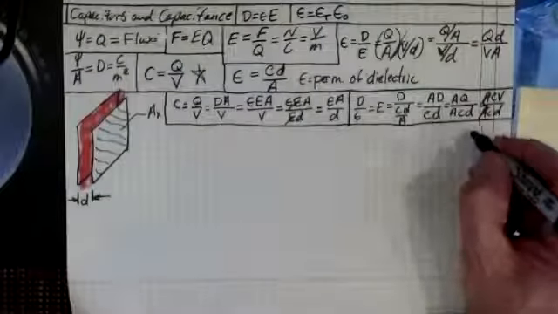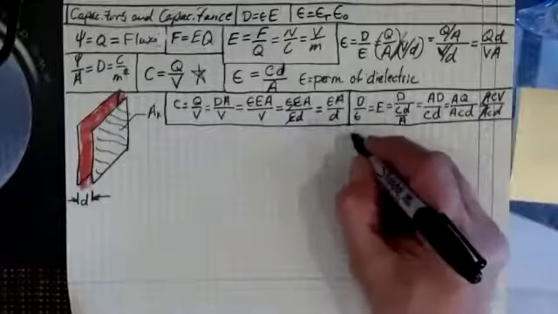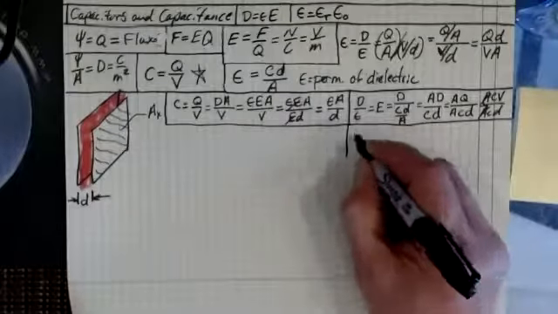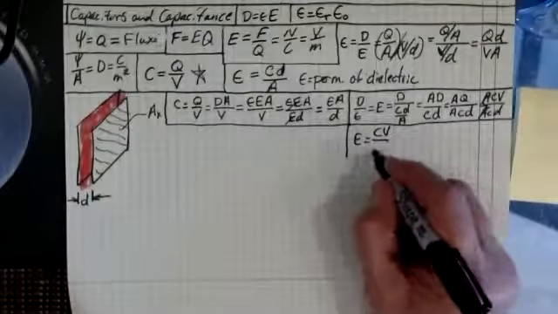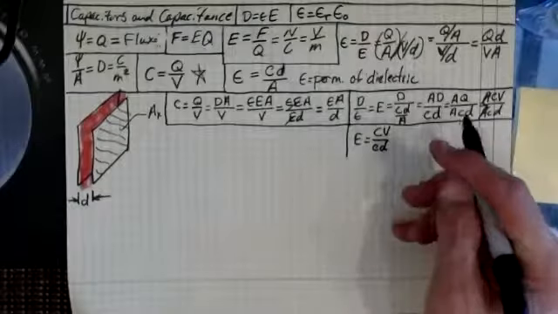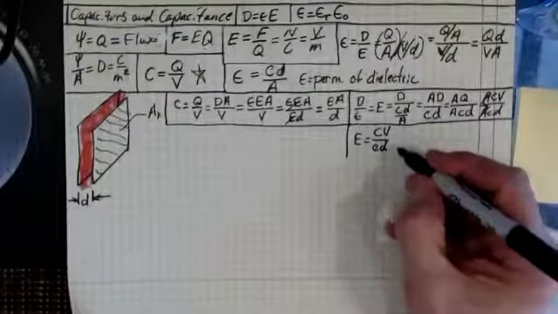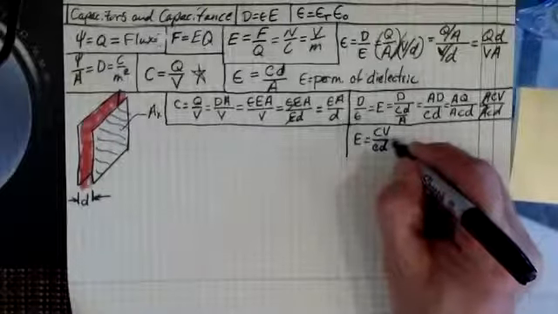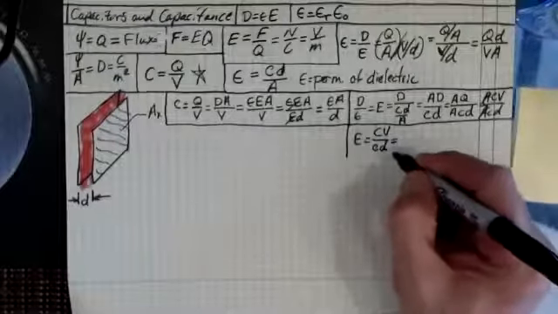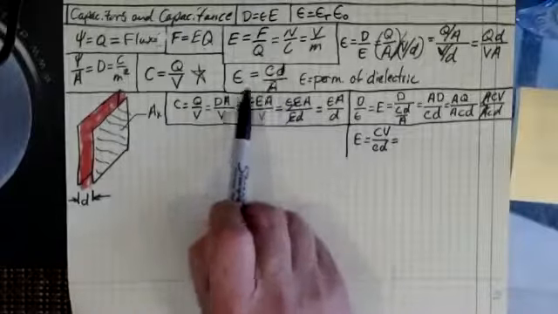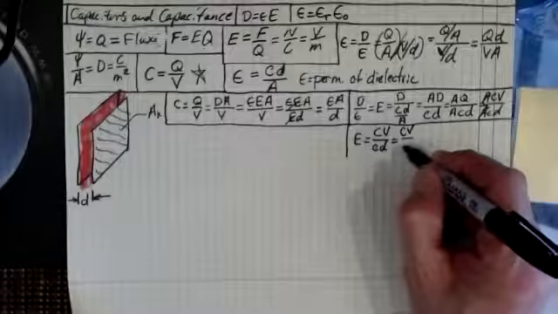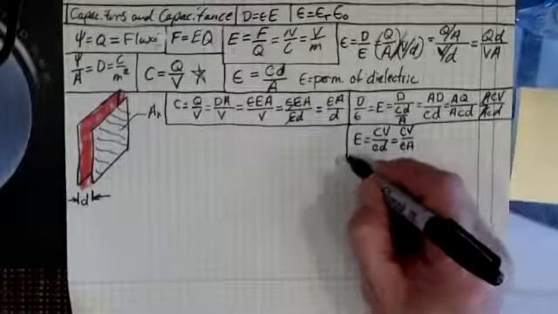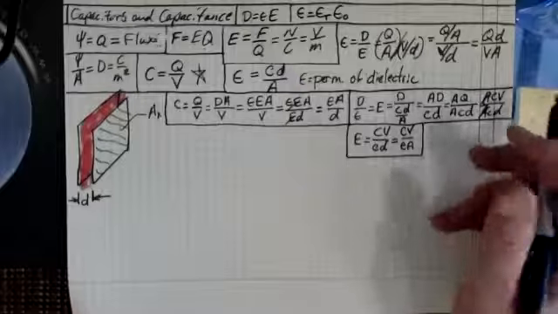Let's just keep going with this one. E equals CV over CD, and then CD, if we look up here, equals epsilon A. So it also equals CV over epsilon A. Again, all the same equations that I'm working with here.